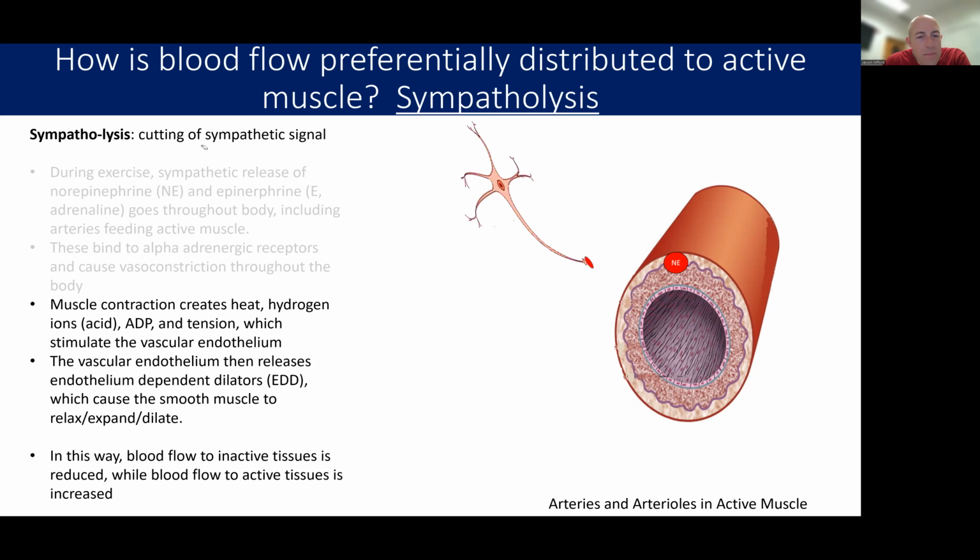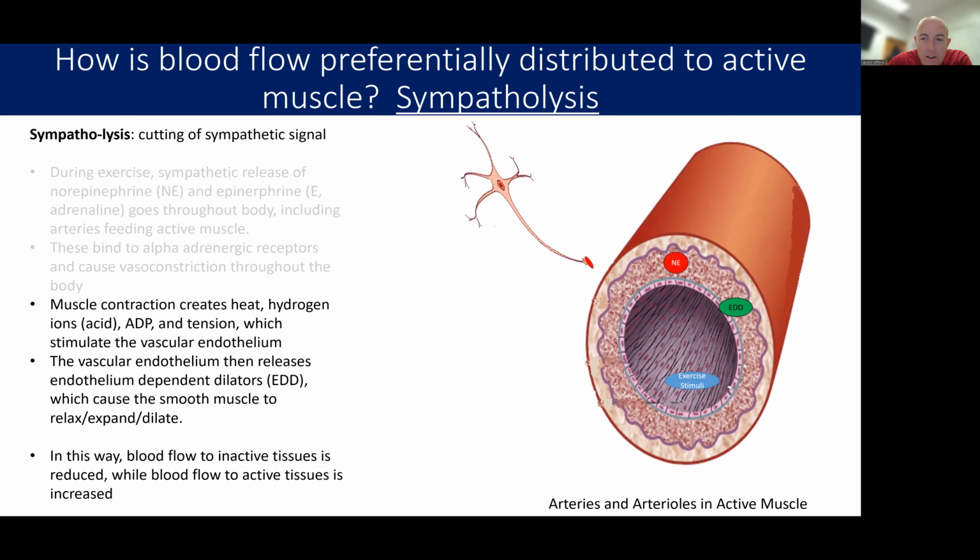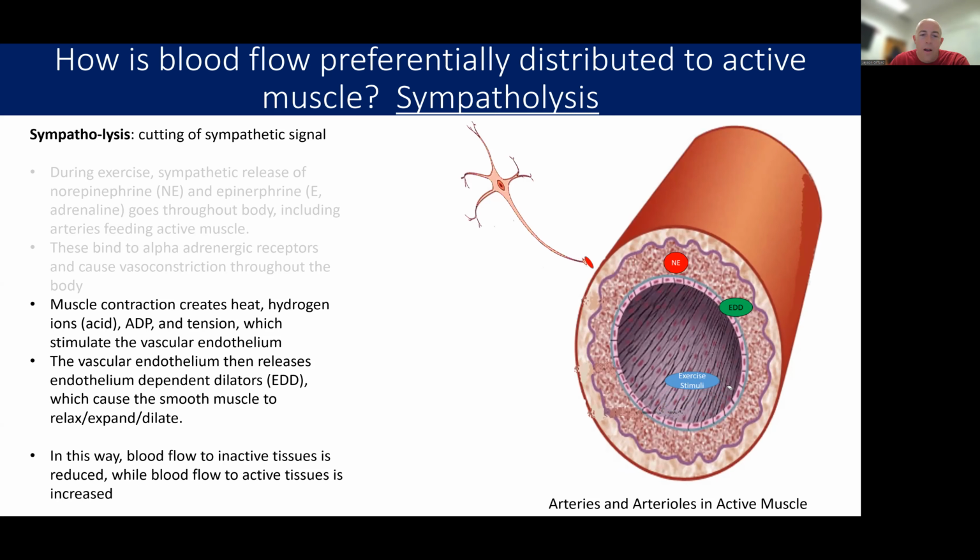All these things stimulate that small endothelial layer, your endothelium, and it senses all those metabolites and other byproducts of exercise. And the endothelium will release dilators. Here, EDD means endothelium-dependent dilators. And the most prominent, or at least the most well understood right now, is nitric oxide. And in the face of the norepinephrine signal for contraction, you have these dilators signaling for relaxation.